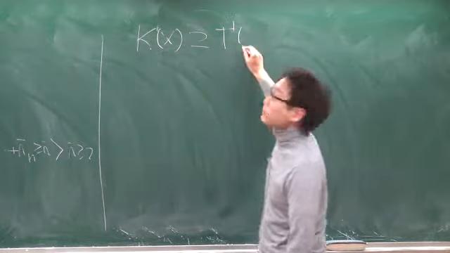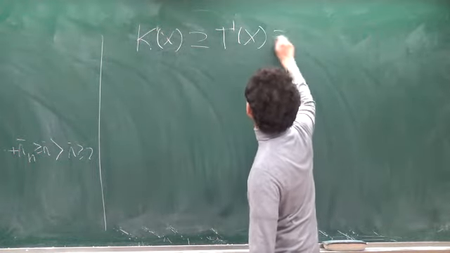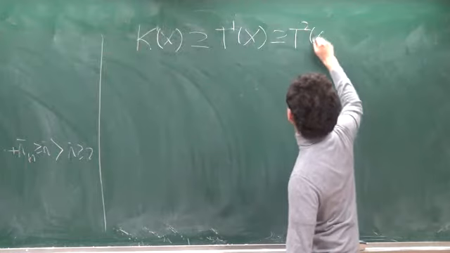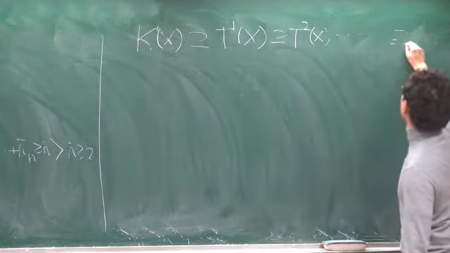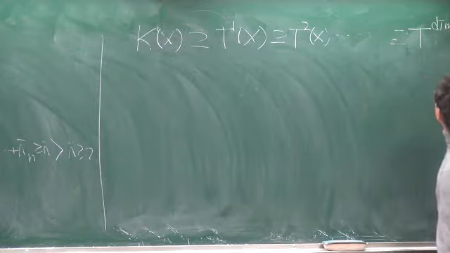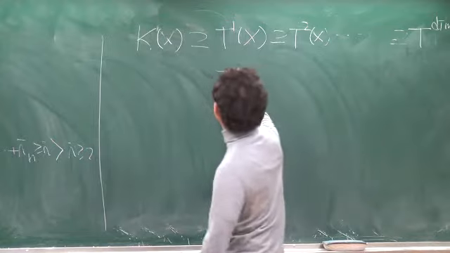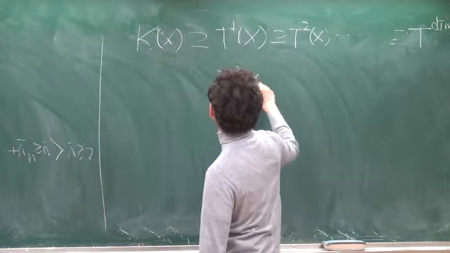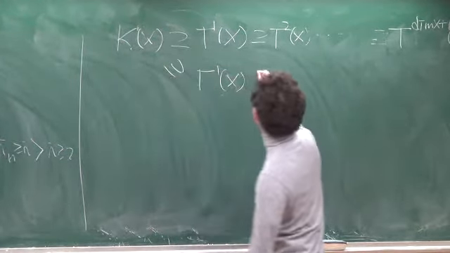First, the topological filtration, and the last one is 0. We have the gamma filtration.